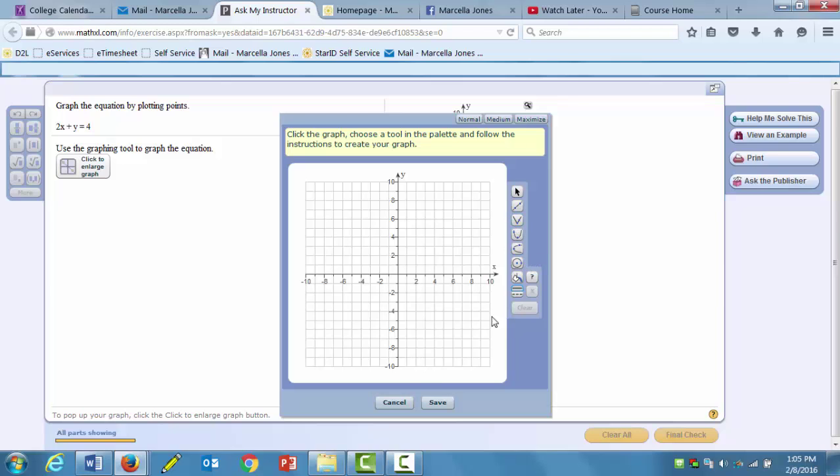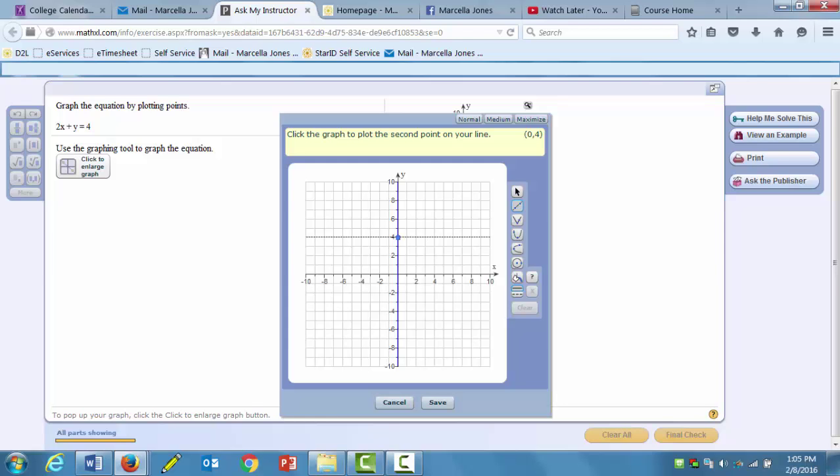So we want to graph (0, 4). We'll pick our line tool, and we want to graph the point (0, 4), which you did have graphed. And notice up in this upper right corner, you can see the coordinate of the point where you're located.